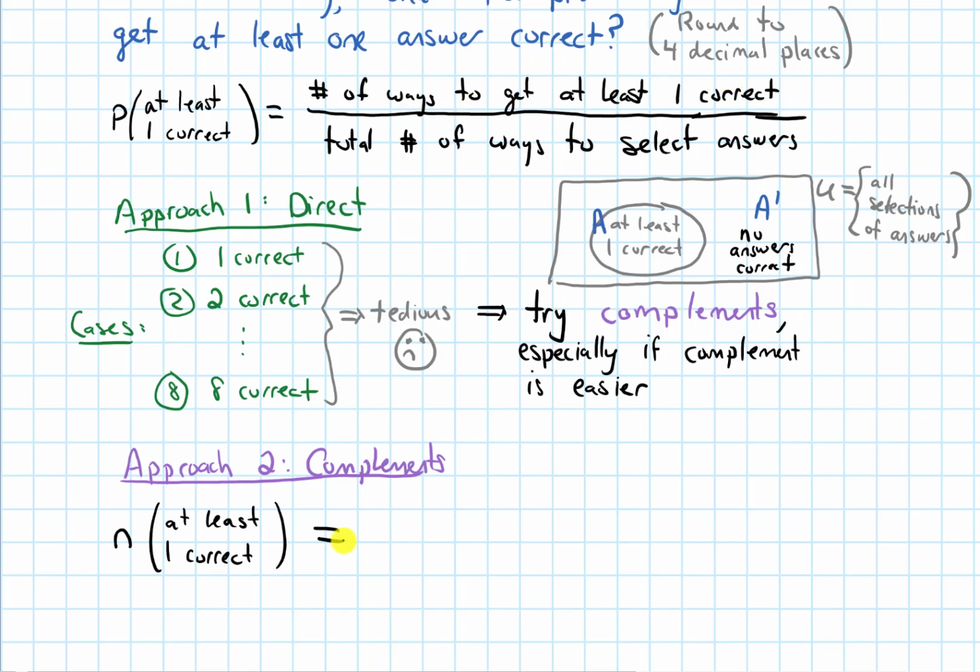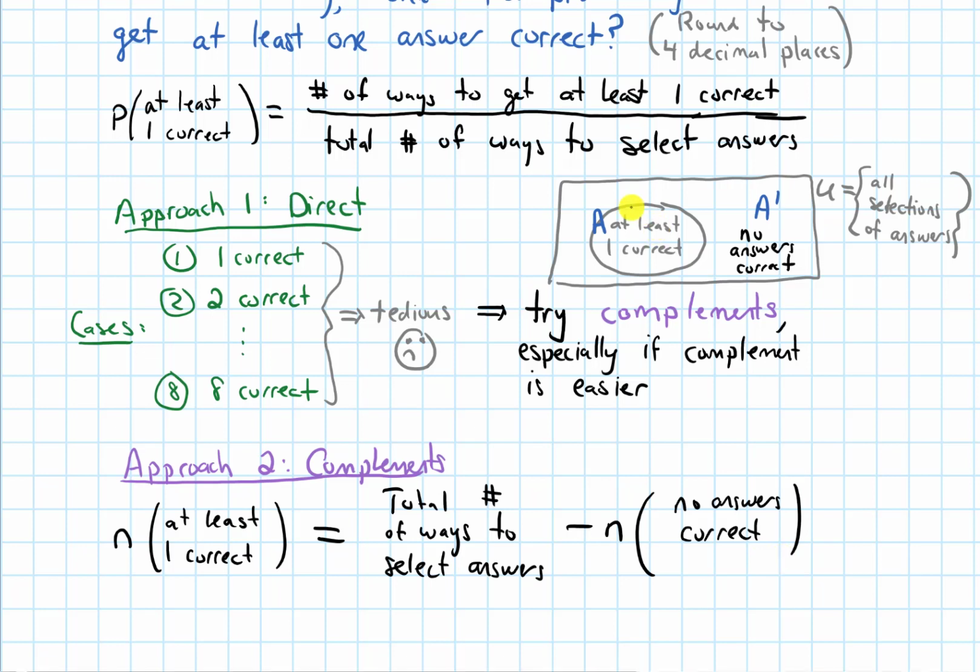Okay. So using the complement, what I'm going to do is count the number of things in the whole rectangle, which is the total number of ways to select answers, and then subtract away the number of elements in the complement of A. So the complement of A is the number of ways to get no answers correct.